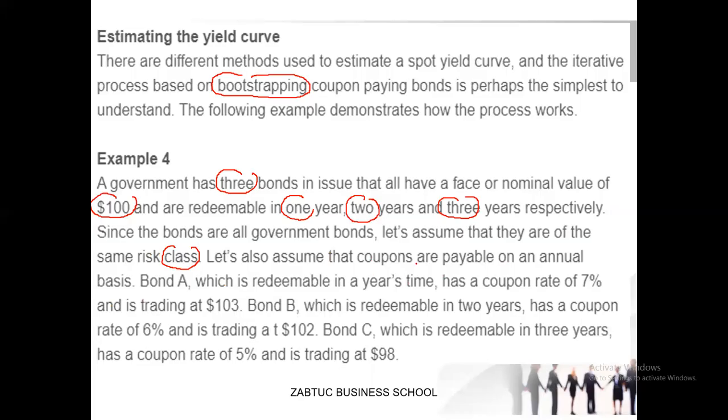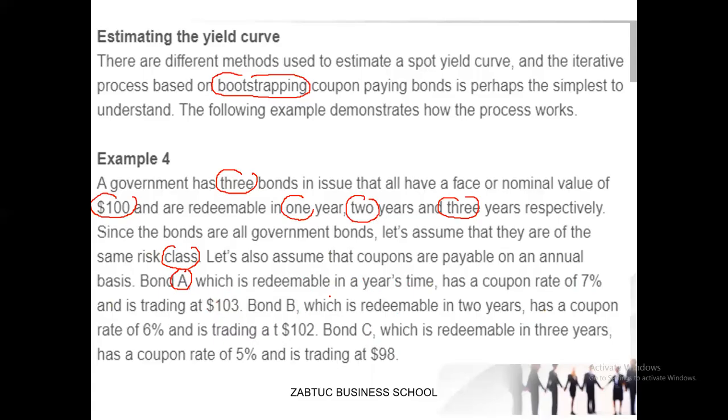Bond A, the first bond, is redeemable in 1 year's time. The coupon rate is 7%, and this bond is trading at 103.